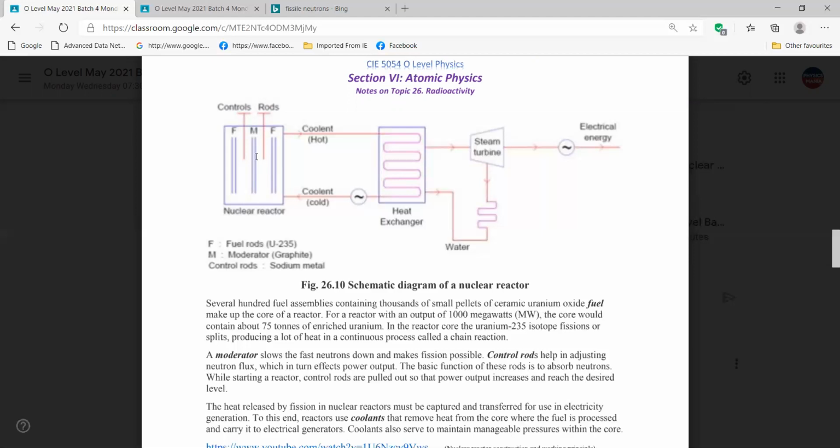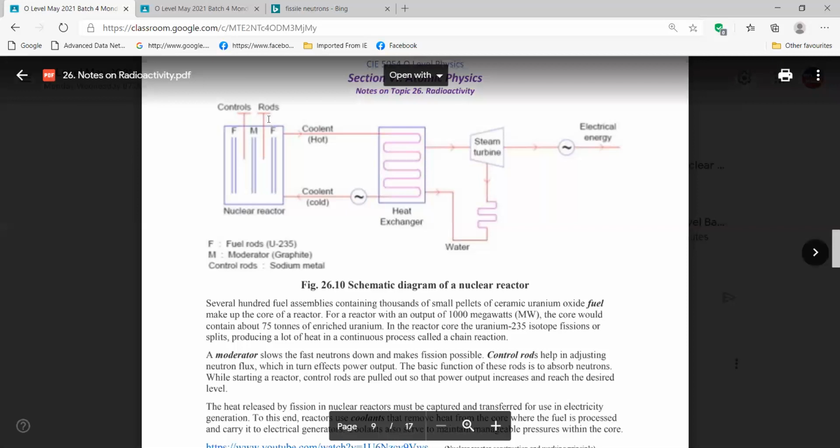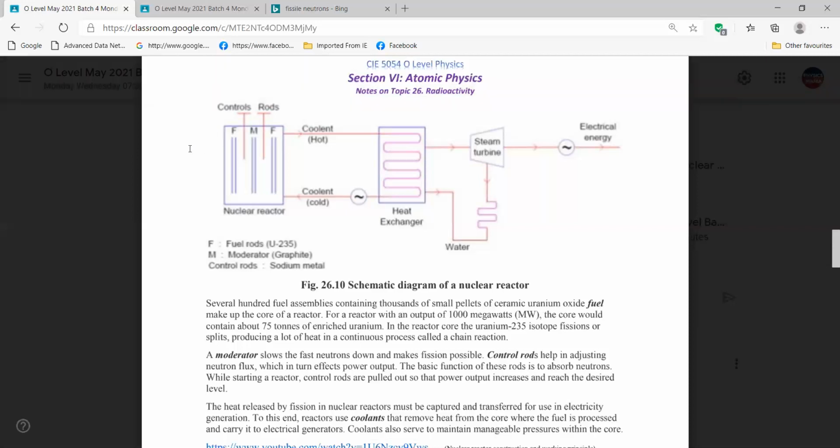But the other things to maintain it and do other processes become bigger, right? The coolants, and the shielding around it so that the radioactive emissions do not come out and harm people.